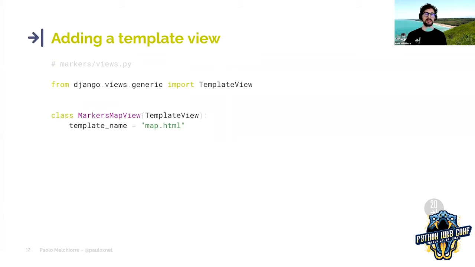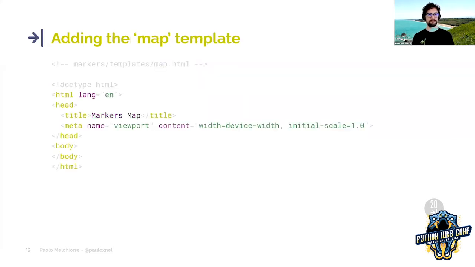At this point, we can proceed to insert in the markers views file a new template view for the page of our map. In the markers template directory, we can now create a template file for our map. For now, we add only the usual boilerplate with a title, but without body content.